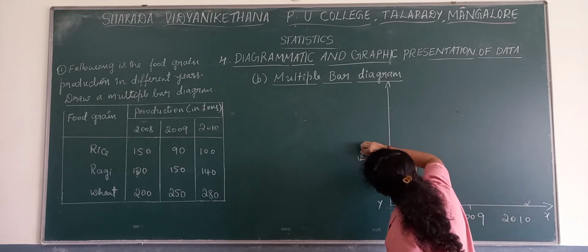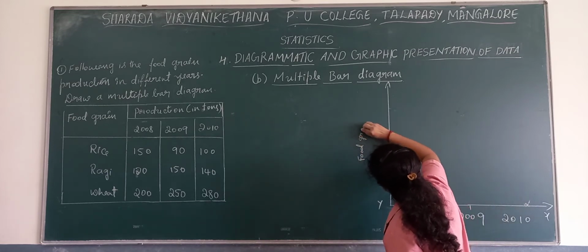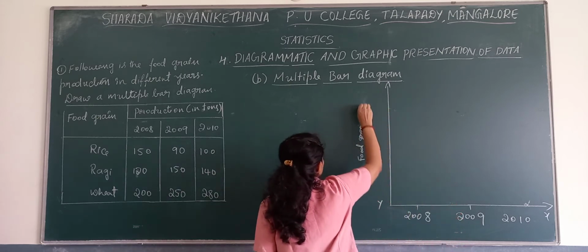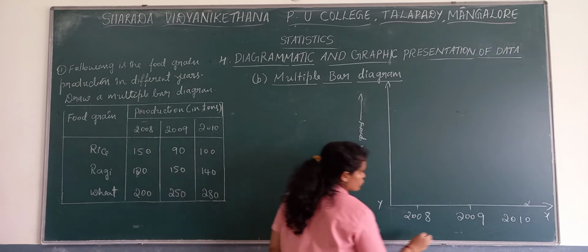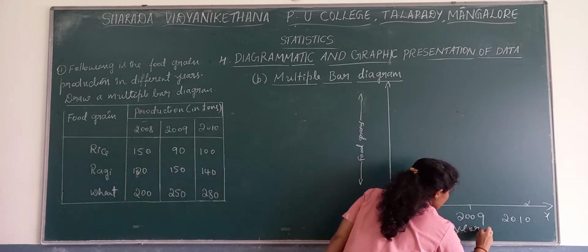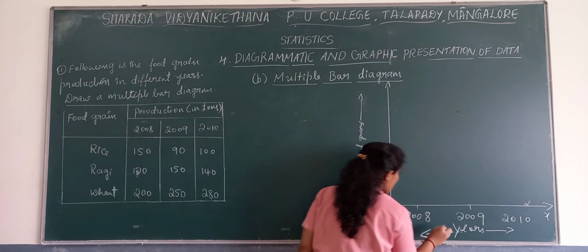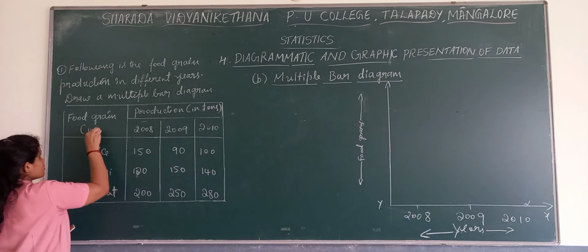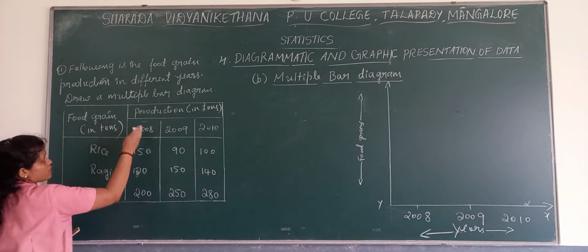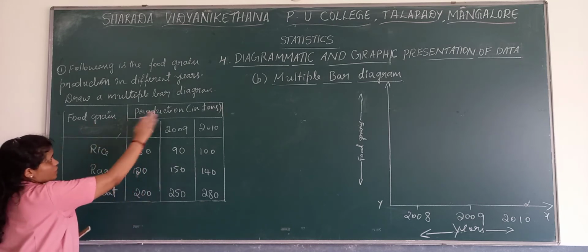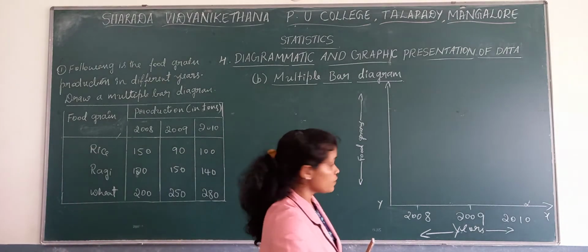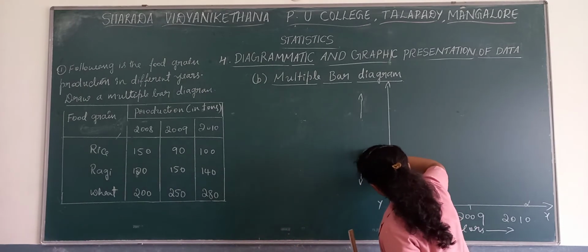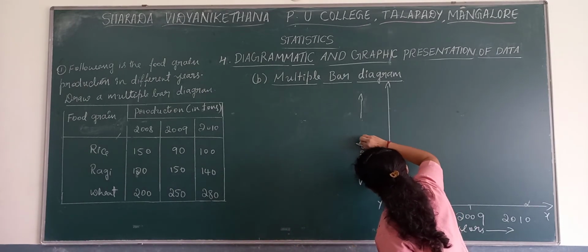Here we are showing the food grains. Here we represent the years, and on this side the food grains, but the food grains are in tons. This information, production, I have written. Production in tons. We show this production on this side.